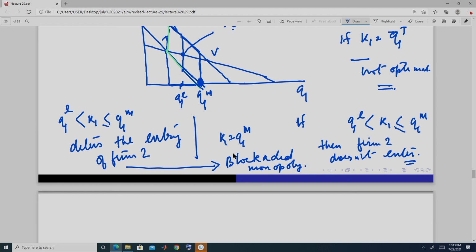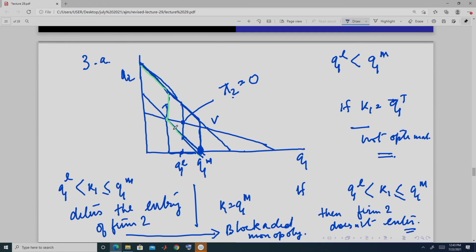Firm 1 is producing monopoly output, but still it is blocking the entry, it is deterring the entry of firm 2, right.